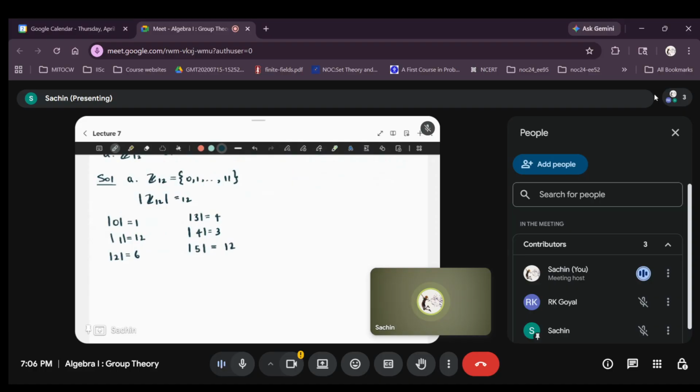Similarly for 4 also, LCM of 4 and 12 is 12. That divided by the element 4 is 3. So order of 4 is 3.